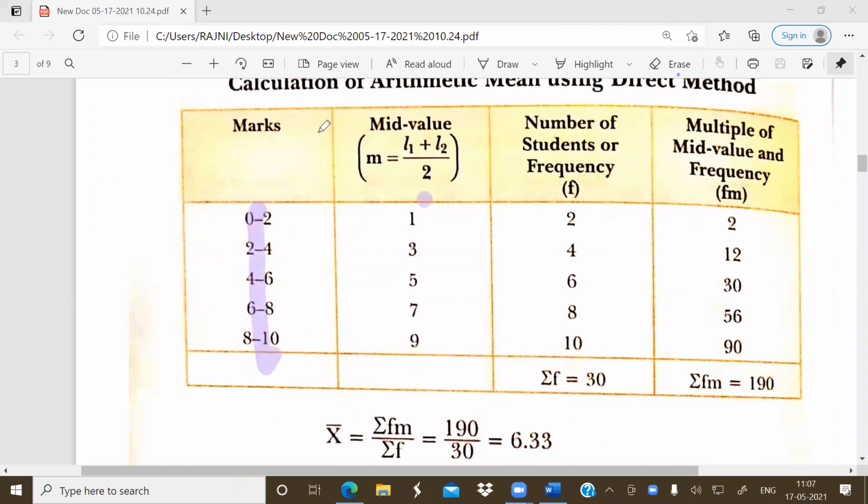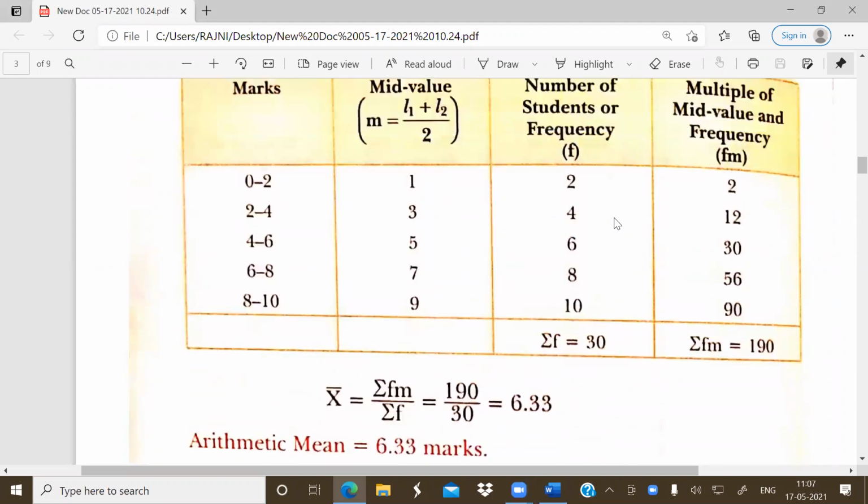Then the frequency is there, multiply the frequency with the mid value. Sum up fm and sum of f, and the mean will be equivalent to the sum of fm divided by sum of f. This is the simple process to calculate the mean in the case of the cumulative frequency distribution series, either in the form of a less than series or in the form of a more than series.